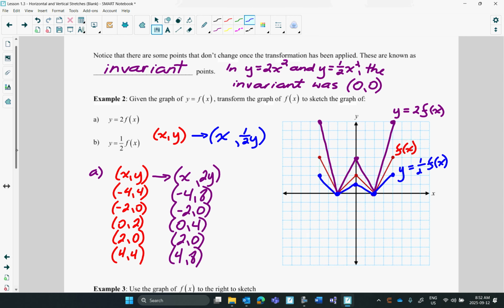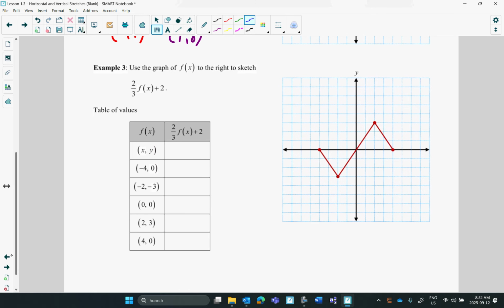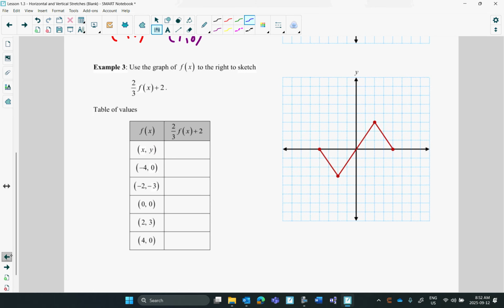One more before we go on to horizontal stretches. Here we have another graph. This time 2 transformations are being done to it. Okay, we're combining transformations now.